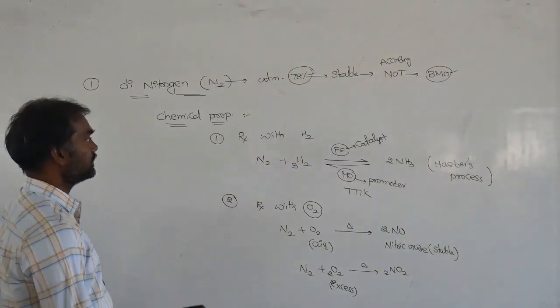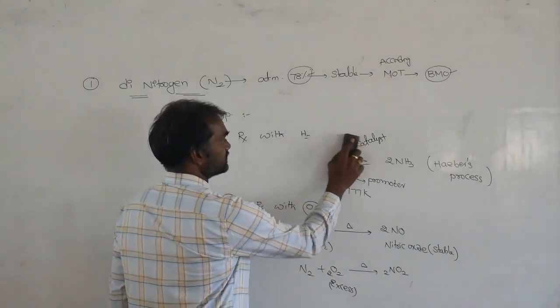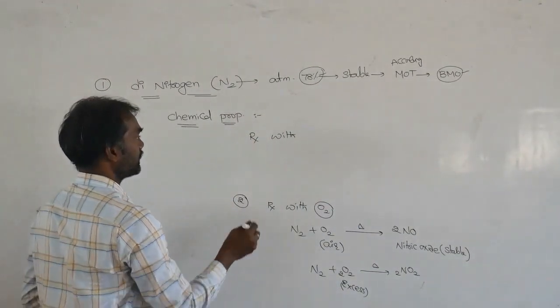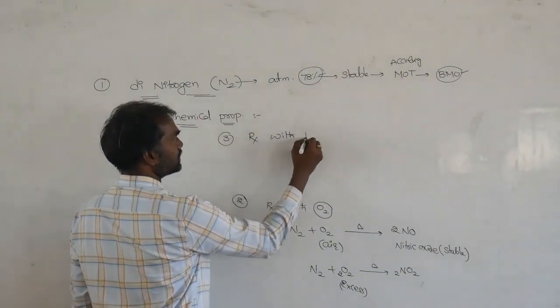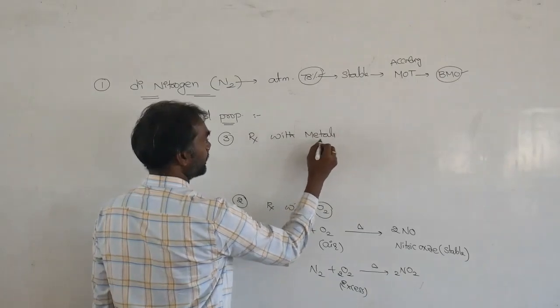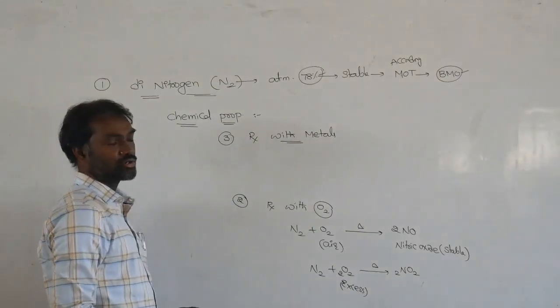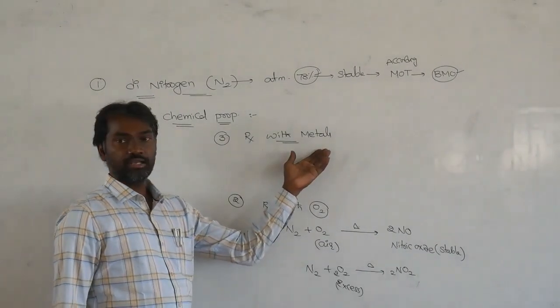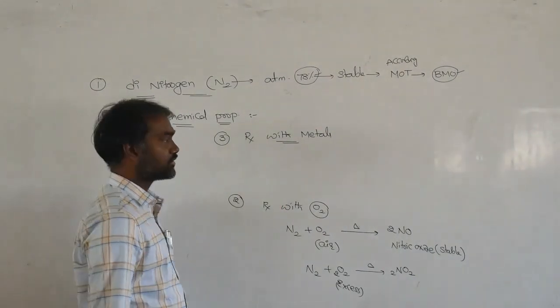Next, third one, reaction with metals. Metal means highly electropositive, and it easily reacts with highly electronegative nitrogen.